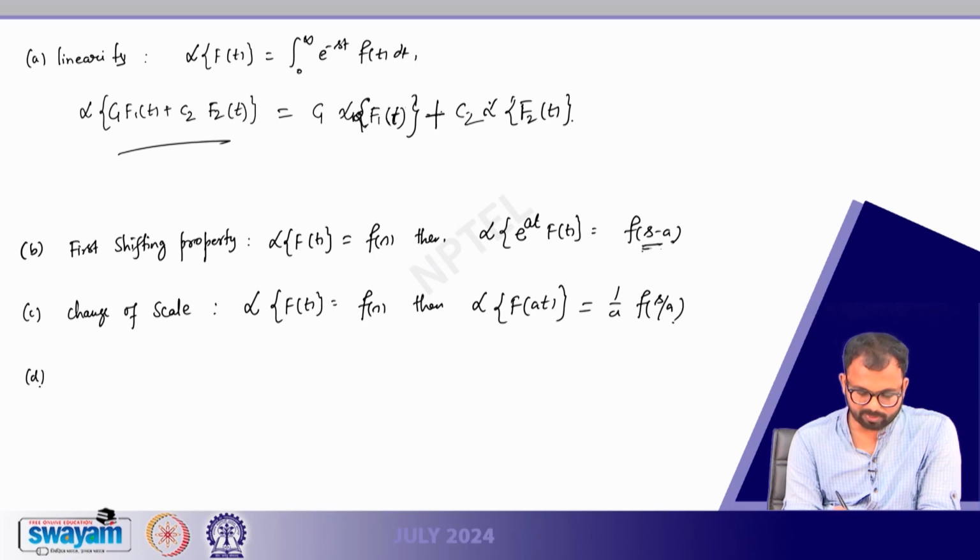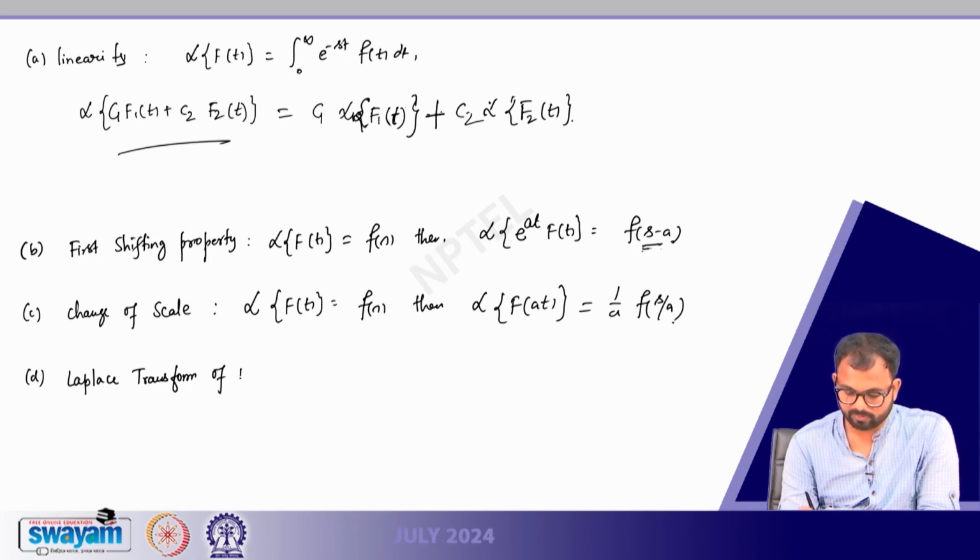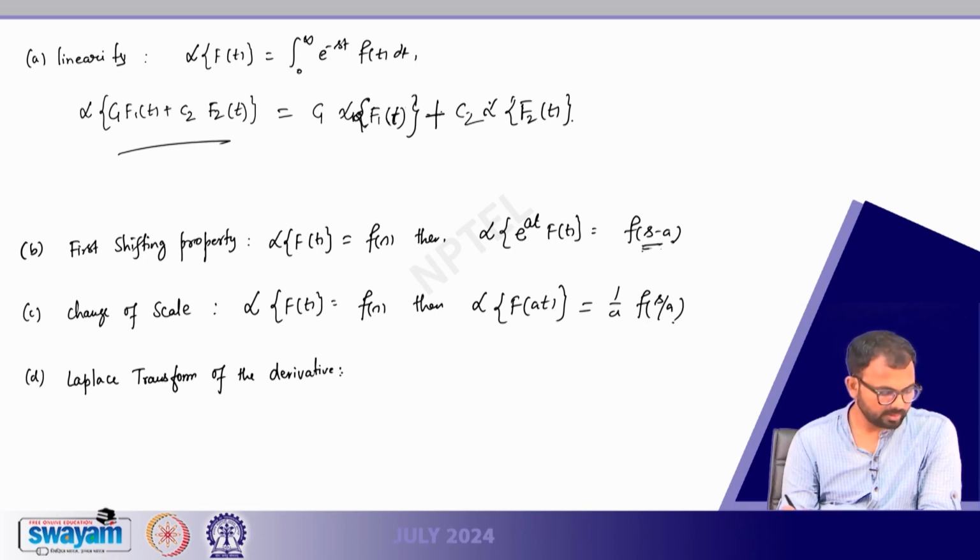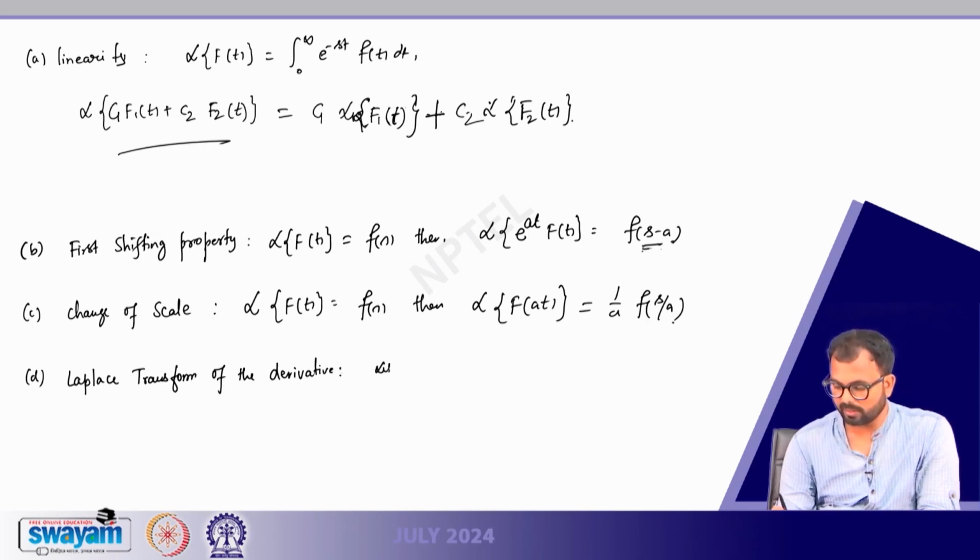The fourth important property is one of the vital ones, because we need it when we are solving the ordinary differential equation. This one is the Laplace transform of the derivative. The statement goes like this: let f(t) be a continuous function and f dash t be piecewise continuous.